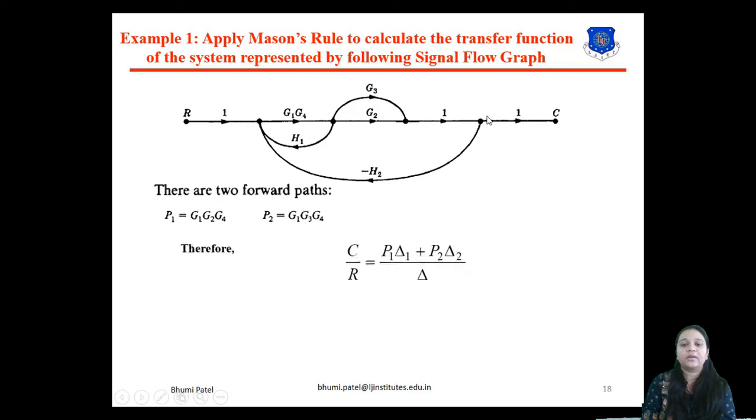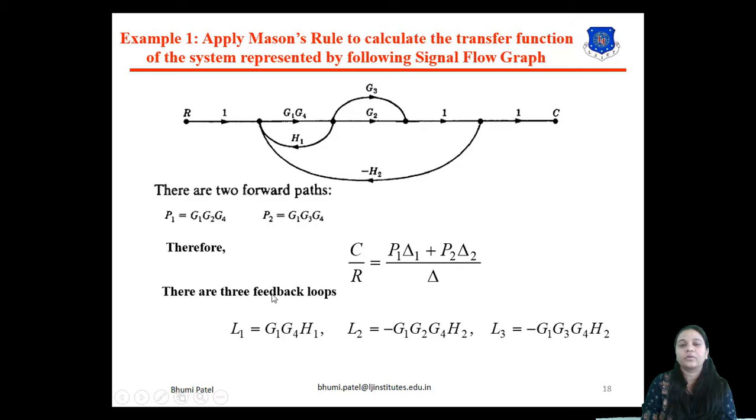The next step is to write the transfer function equation. Therefore, C upon R is equal to P1 into delta 1 plus P2 into delta 2, divided by delta. The next step is to find the feedback loops. Here there are three feedback loops.